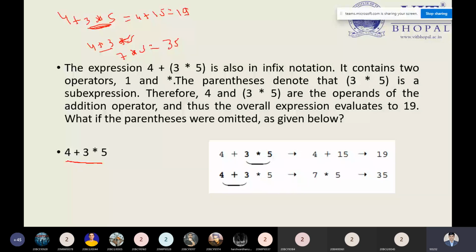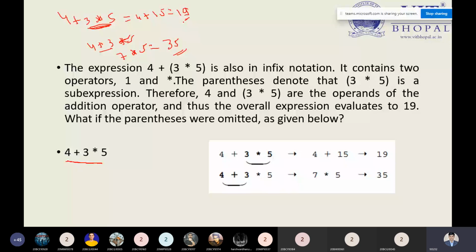For learning purposes we understand BODMAS, but in the computer system, in programming, we have operator precedence, which decides which operator has the highest priority to execute first. In this case, multiplication has the highest priority.